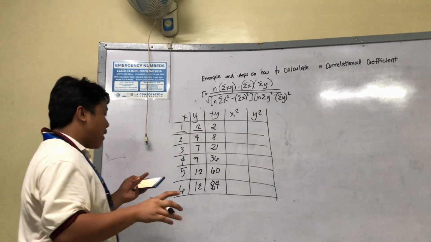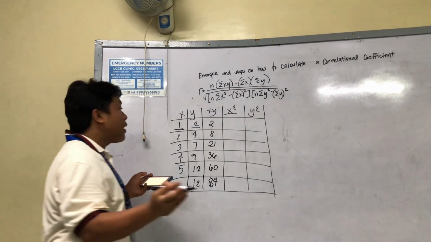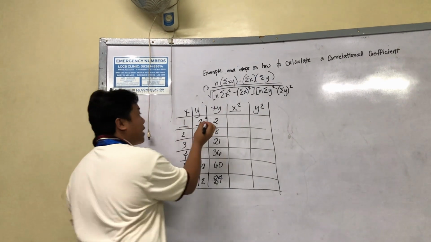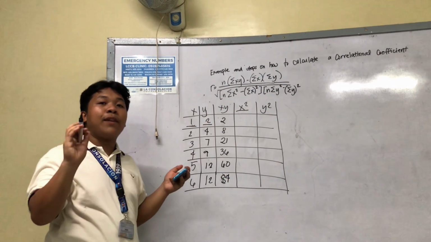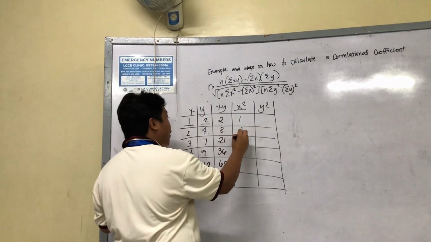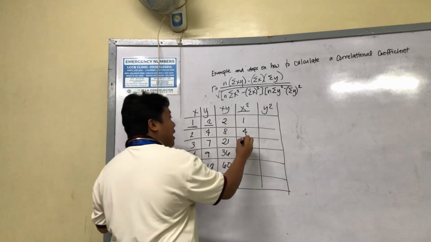The next step is to find the x squared. You just need to multiply each by itself, which is 1 multiplied by 1 is equal to 1, 2 multiplied by 2 is equal to 4, and 3 multiplied by 3 is 9.